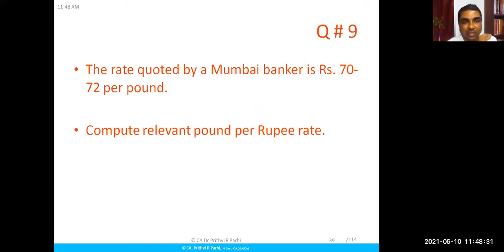Question 9 was: the rate quoted by a Mumbai banker is 70-72 per pound. This means rupee by pound is equal to 70 bid and 72 ask. Then compute the relevant pound per rupee rate. Let me explain for the benefit of all of you.